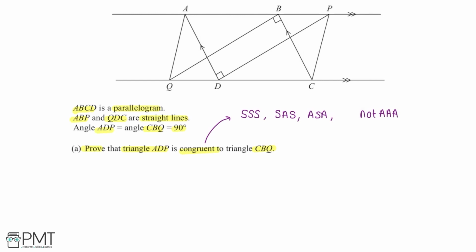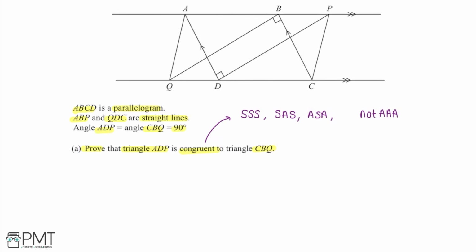So we basically need to look at these and find a way of proving that these triangles that we have are congruent. Now what I'm initially noticing here is that we already have 2 angles. Both triangles have a right angle in, they both have a 90-degree angle. So we're going to be using one of these two. So we need to work out how we're going to prove this. We need to find other sides and angles within the triangle which are going to be the same as the other one.